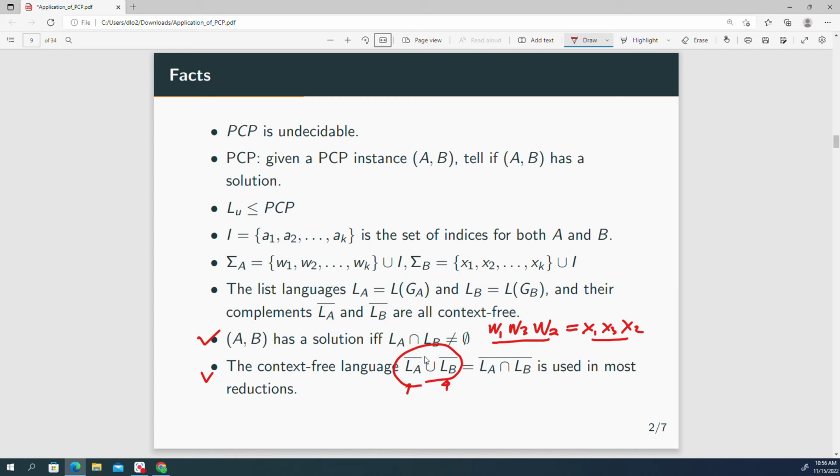So LA bar union LB bar is context-free, and this is also equivalent to the complement of LA intersect LB. This language is used quite a lot to prove a problem is undecidable by reducing the PCP to that problem.